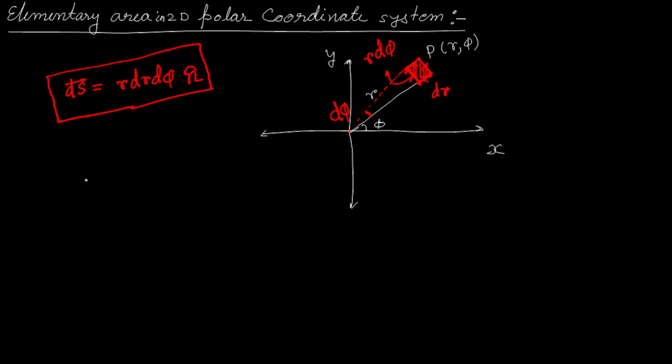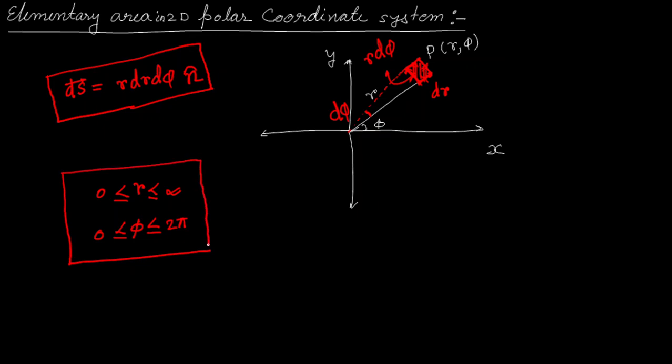Then the limit of the variable r will be from 0 to infinity, and the limit of phi will be 0 to pi.